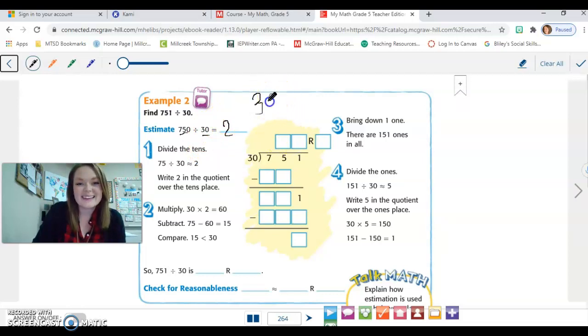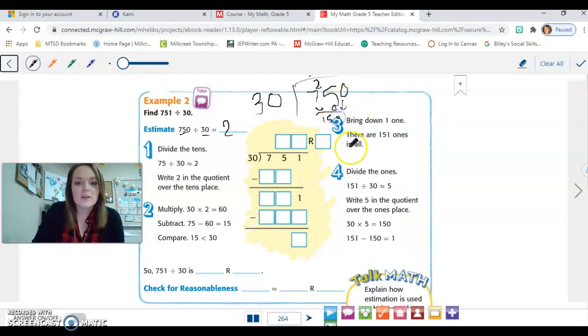So we have 30 into 750. Okay, 2 times. We have 60. 75 minus 60 gives us 15. Bring down our 0.